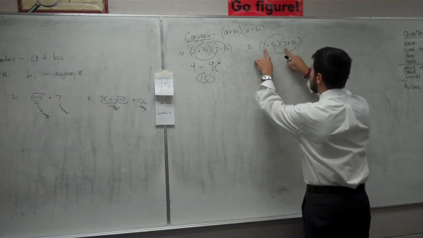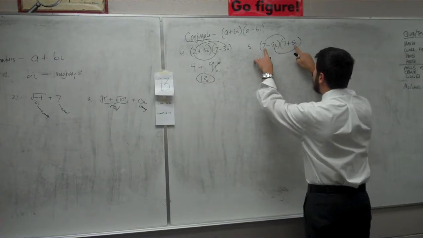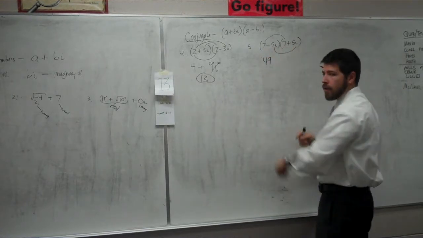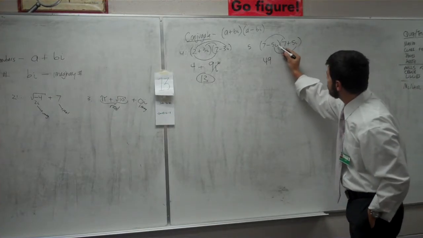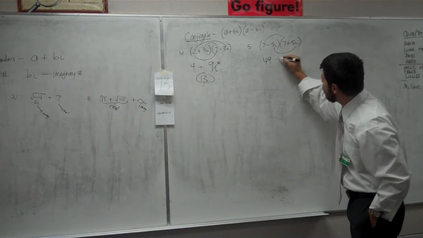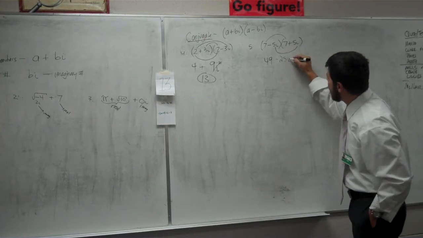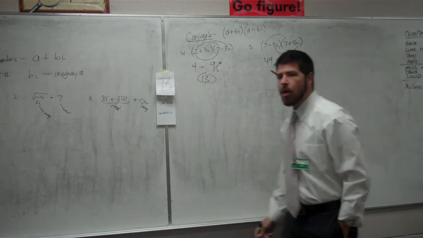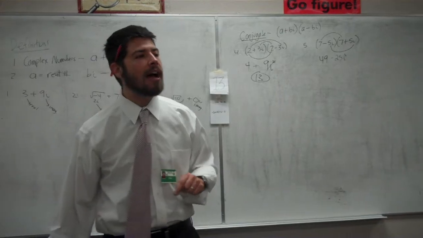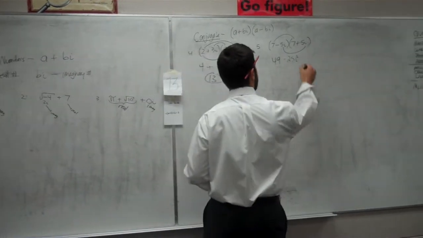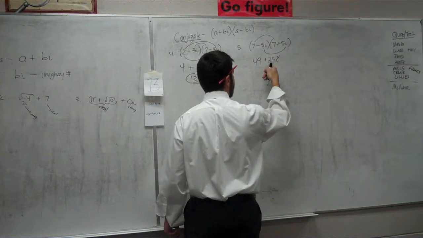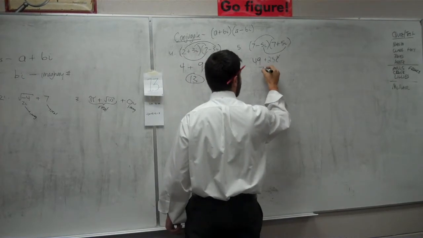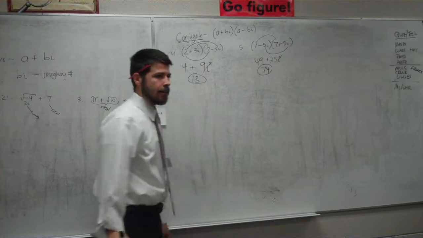First times first. But look, outer is 35. Inner is negative 35. Those are canceled. Last times last is negative 5 times 5, which is negative 25. And then i times i is i squared. What happens to negative 25i squared? Cross it out. Change it. So now it's 49 plus 25, which is what? 74. There's my final answer.